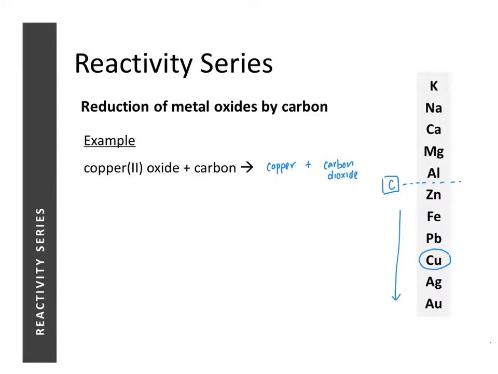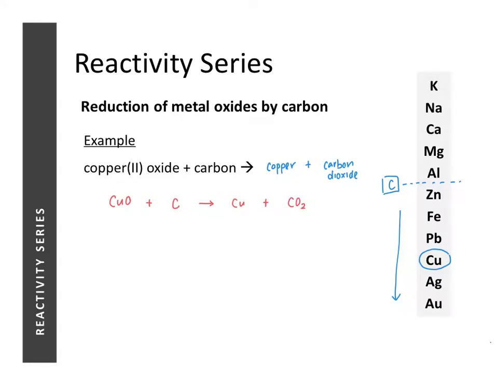Okay, so let's practice again writing the chemical equation for this reaction. Copper 2 oxide has a formula of CuO. Carbon is a non-metal, C, copper, Cu, and then carbon dioxide is CO2.